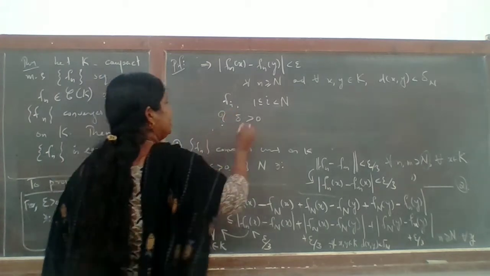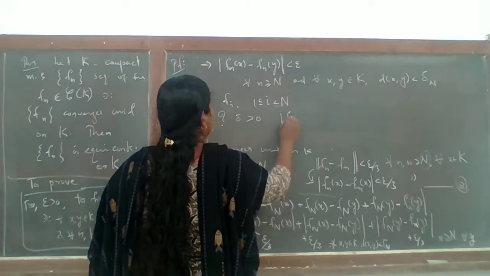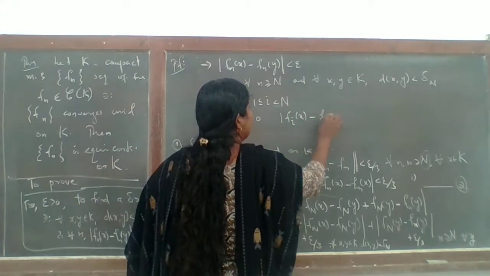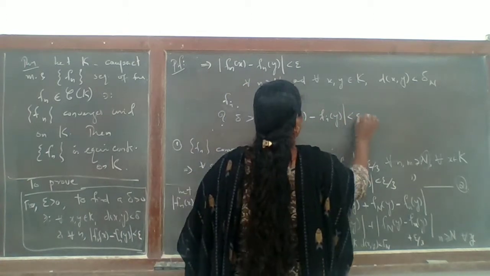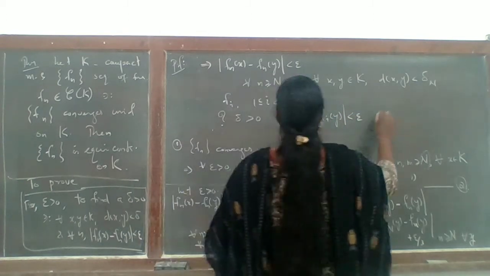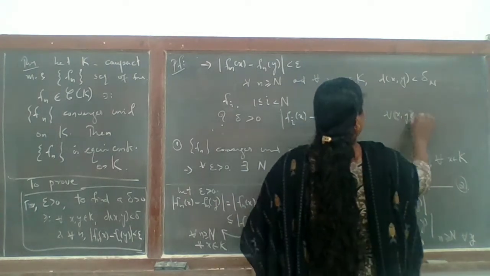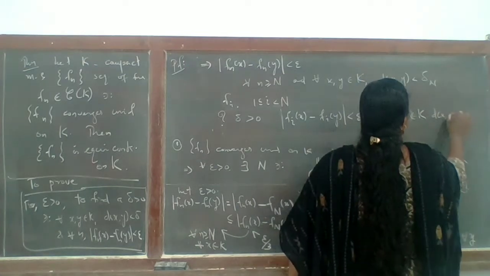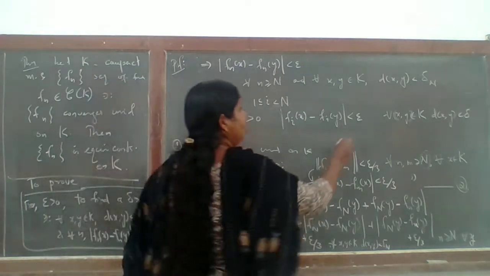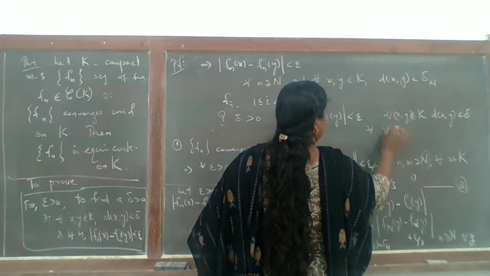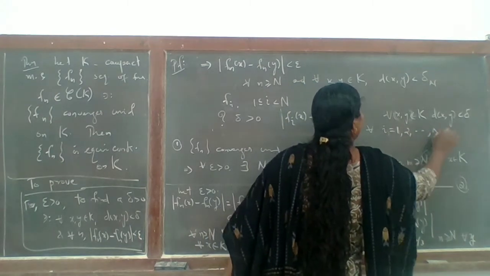Can we find a delta such that for this f_i, |f_i(x) minus f_i(y)| is less than epsilon for all x, y in K with d(x,y) less than delta? Is it possible to get a delta for this, and for all i equal to 1, 2, etc., up to N minus 1?